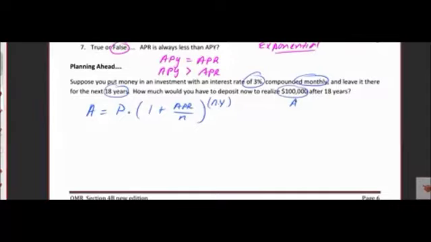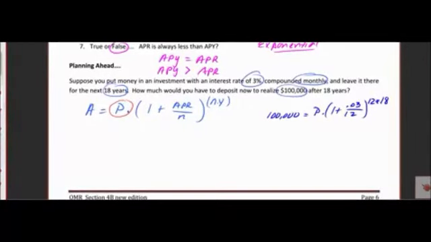So what we see here is a little bit of an awkwardness because the variable that we're wanting to find out a value for is P, the principal. How much would I have to invest to get $100,000 in 18 years? Okay, sprinkle in your numbers and then try to devise a plan to solve this for P. You'll have to use some algebra.